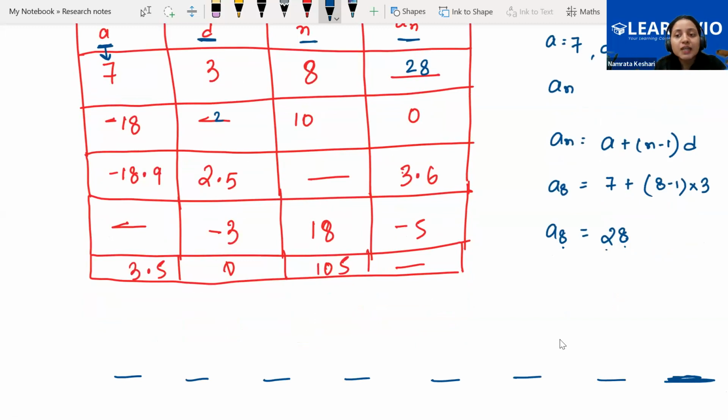At this place 28 is sitting. That is the difference between n, which is 8, and an, which is 28. When n is 8, it became a8, and the value of a8 is 28. Getting it?